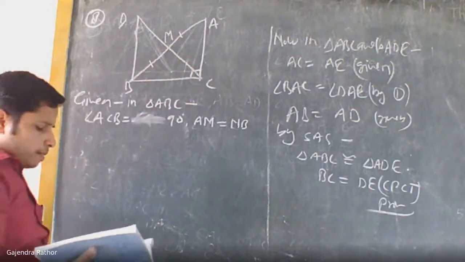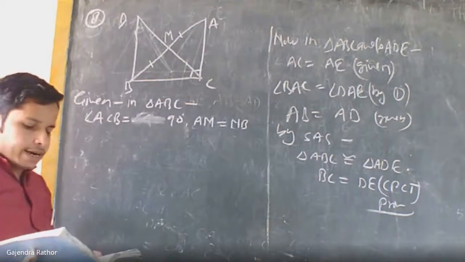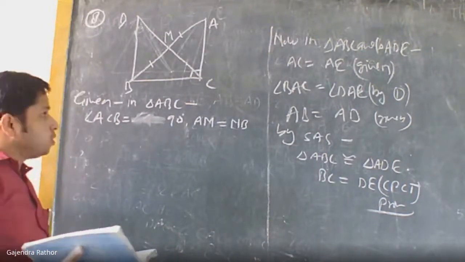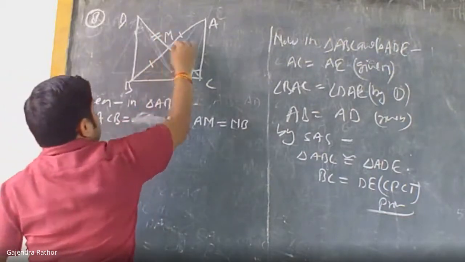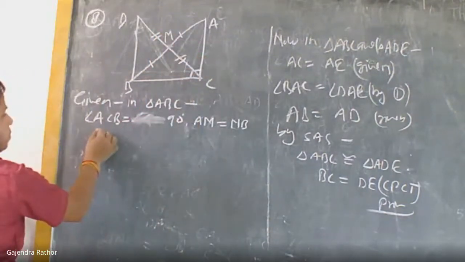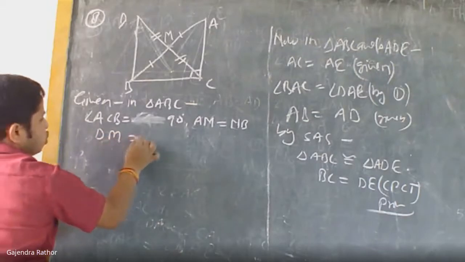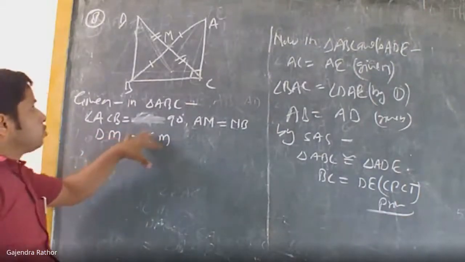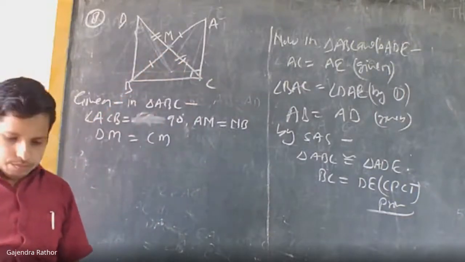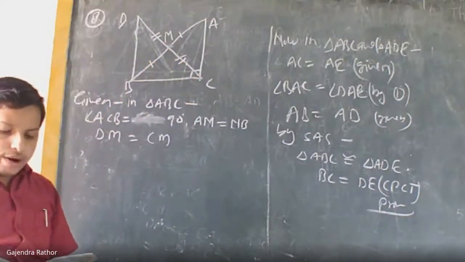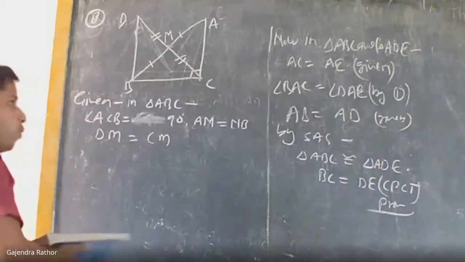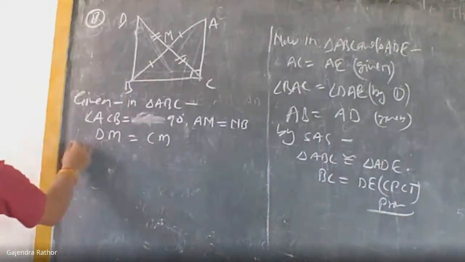C is joined to M and produced to a point D such that DM is equal to CM. So DM is also equal to CM, because M is also the midpoint of CD. Point B is joined to point D.